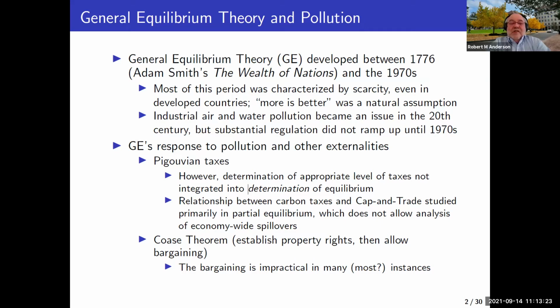So it nonetheless does try to address pollution, and it typically does that through so-called Pigouvian taxes. Pigou was a British economist in the early 20th century. Basically a Pigouvian tax is designed to either encourage things that have positive externalities or discourage things that have negative externalities.